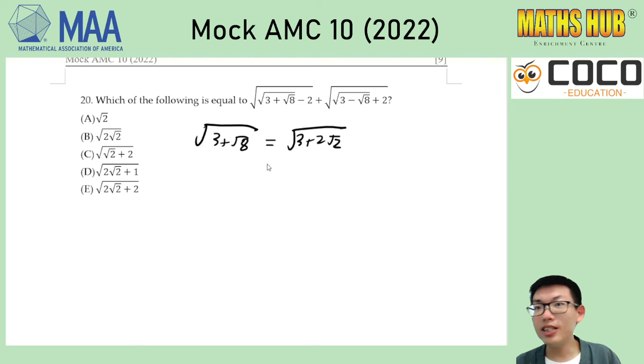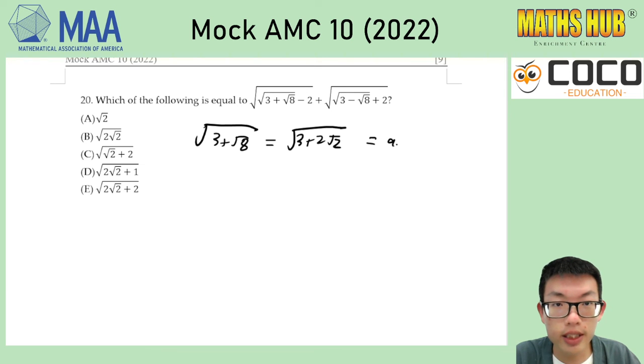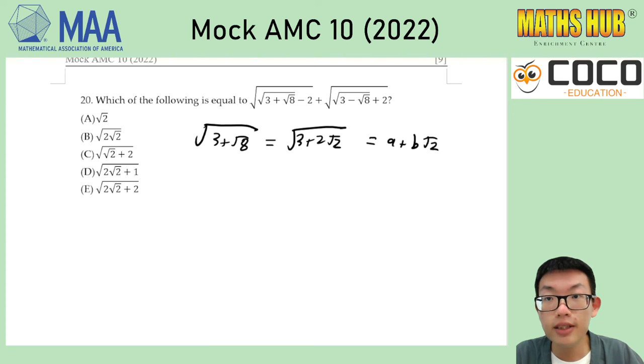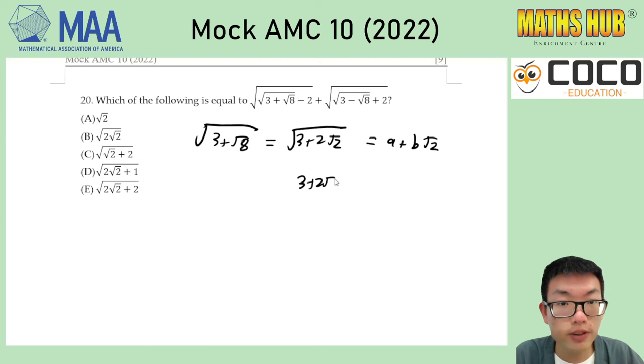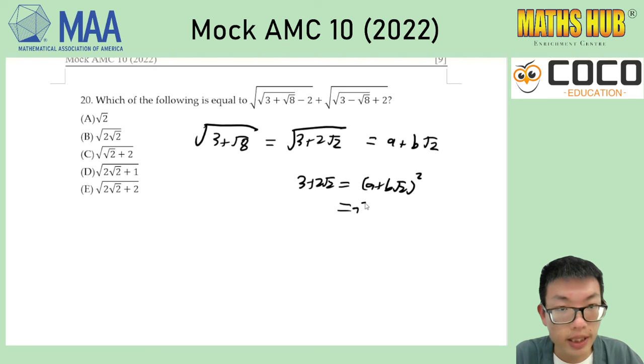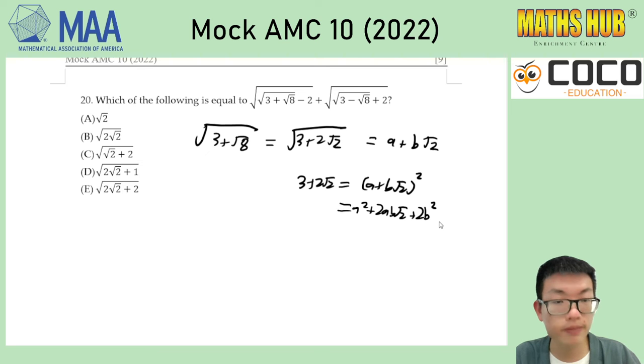Now, using a little bit of wishful thinking, we hope that this can be simplified into something like a plus b square root 2. That means that 2 must be the 2ab square root 2 when you square it. So let me explain that. 3 plus 2 square root 2 should be equal to this square, which is a squared plus 2ab square root 2 plus 2b squared.